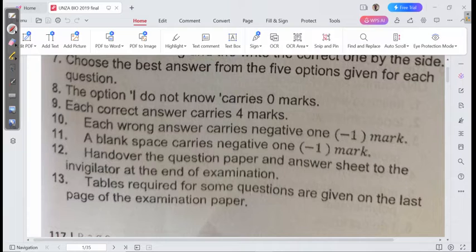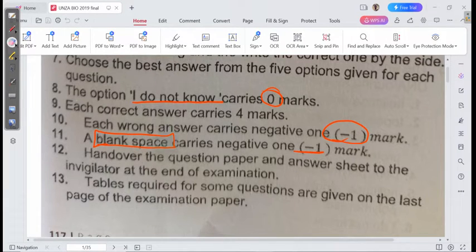Also leaving a blank space in an exam or a test is going to attract a negative one. Then option 6, that is the I don't know option, will carry 0 marks.